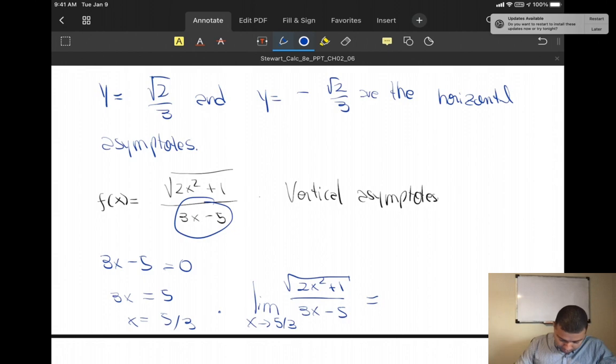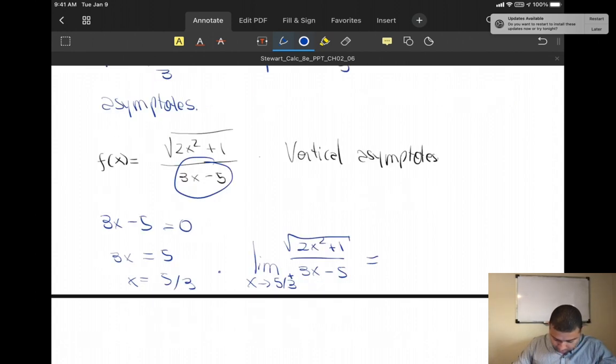You have to look at two different limits. You have to look at the limit from the right and at the limit from the left.